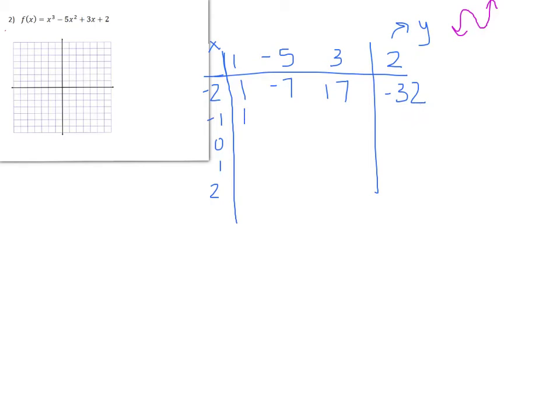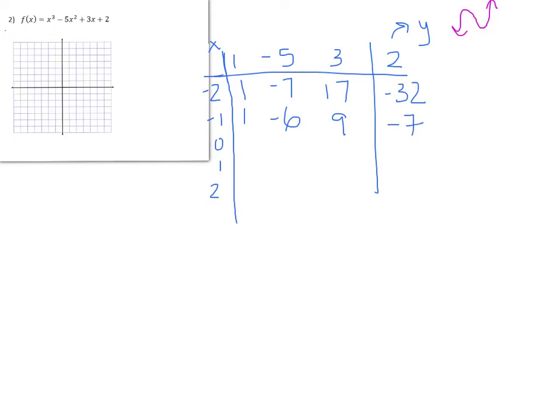Drop down the 1. 1 times -1 is -1, plus -5, so that's -6. -6 times -1 is +6, plus 3, so that's 9. 9 times -1 is -9, plus 2, that's -7.